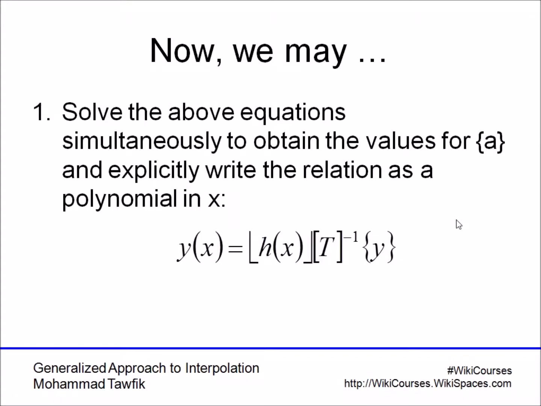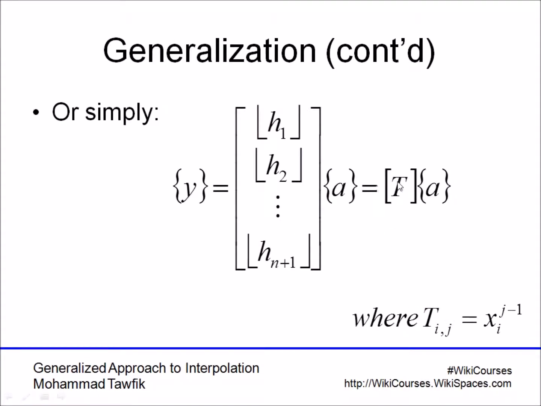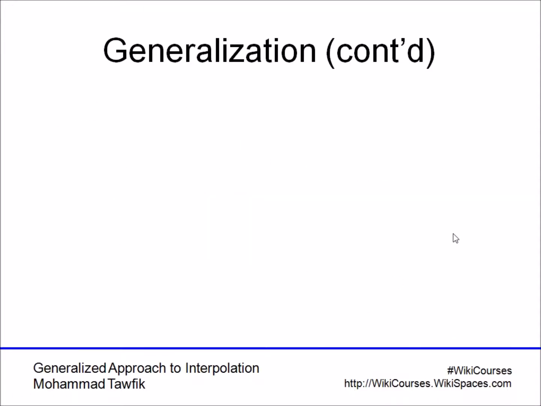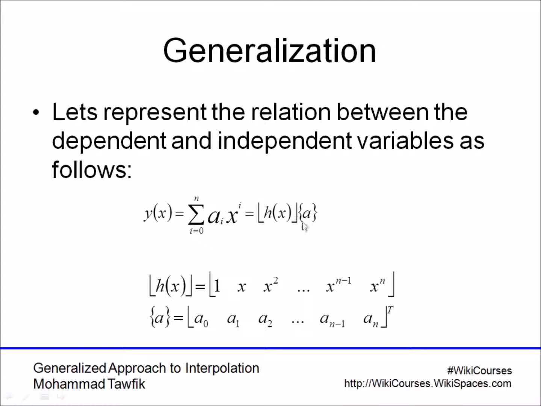Now, this can be solved by inverting the transformation matrix to get a. So if you just get back here, T inverse times y, where y are all the data points. These are knowns. You know all the points that fill the y vector. If you invert T and multiply it by y, you obtain a. Then let's go back and substitute in the general form by T inverse times y.